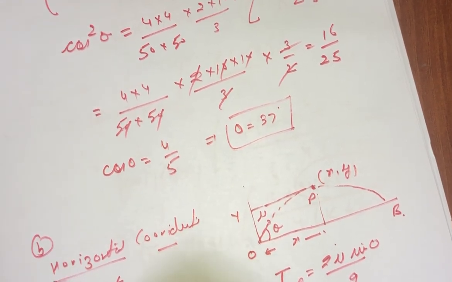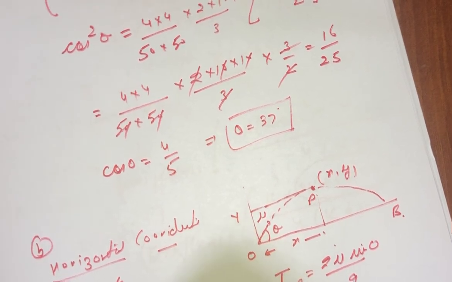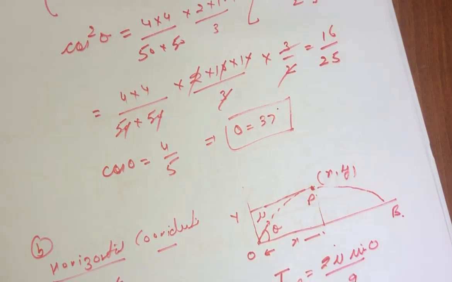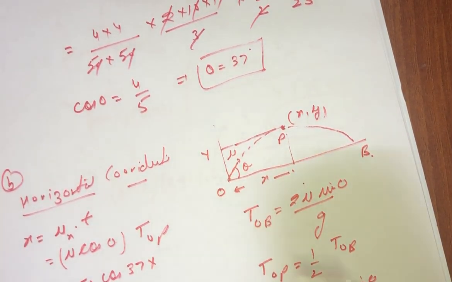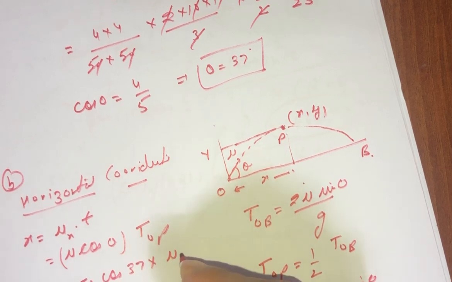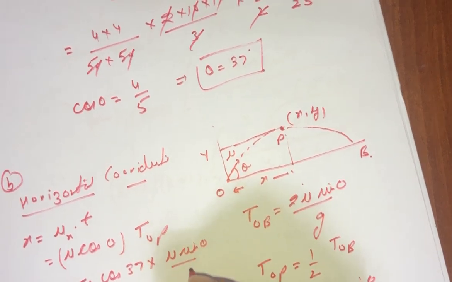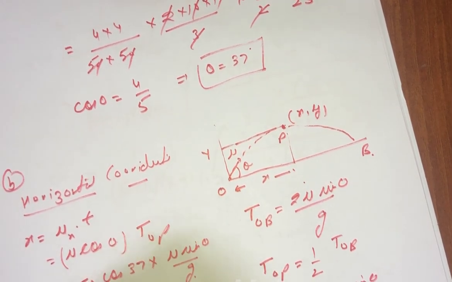U we already know is 50, theta we know is 37 degree, and TOP is u sine theta by g. So we can solve this.